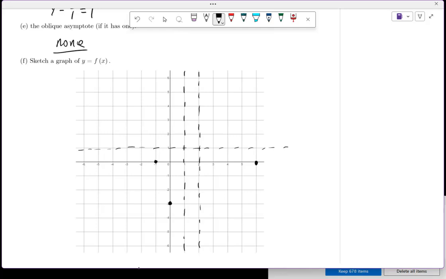Okay. All right. Now, basically what we've done with the vertical asymptote is slice this up into 3 pieces. I'm going to do something up until I get to this asymptote. I'm going to do something between the asymptotes. And I'm going to do something after the asymptote. Okay? So basically sliced it into 3 pieces. Asymptotes are our guiding lines for what the graph has to look like. Okay?